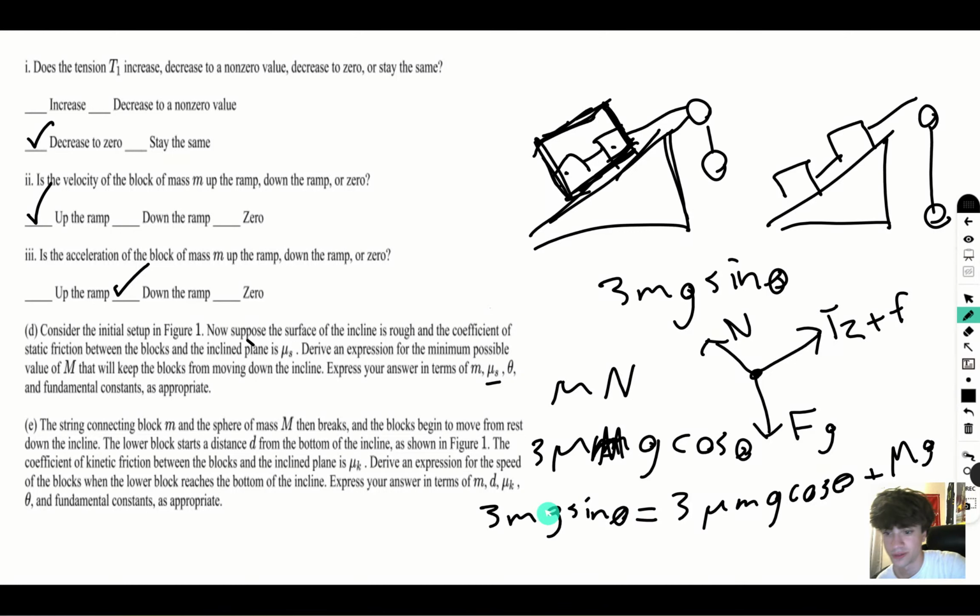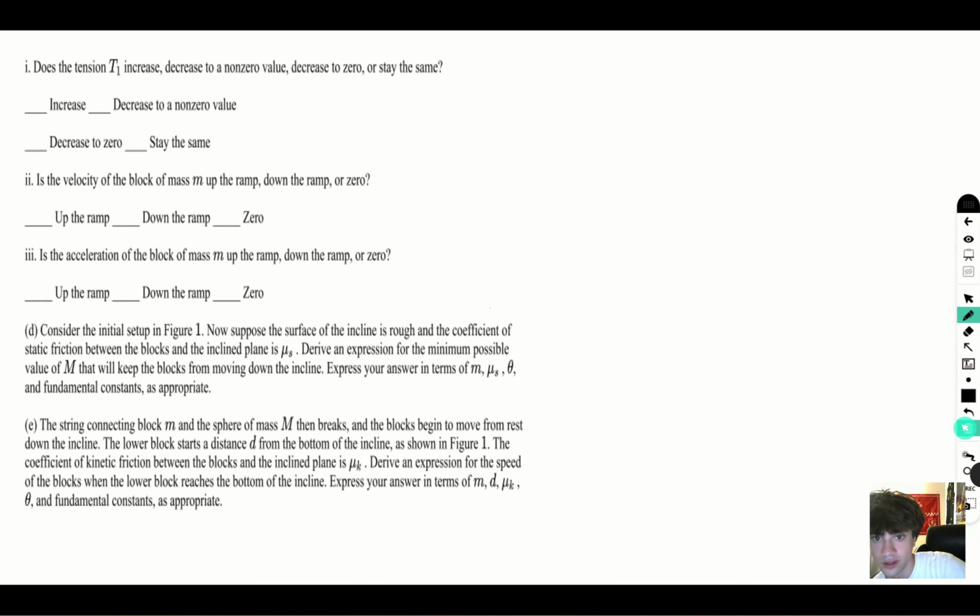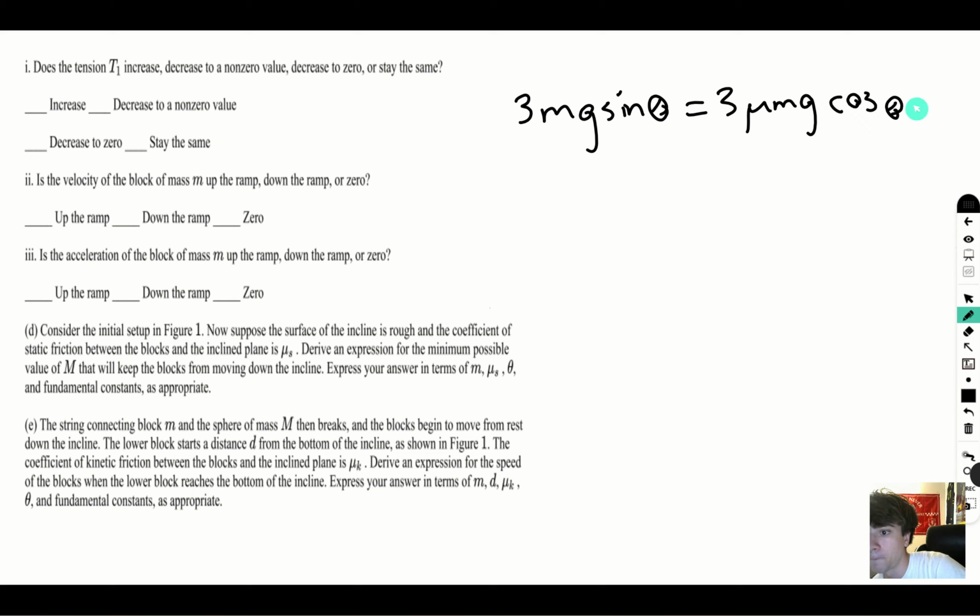Alright guys, make sure to get this equation down because I'm going to erase this really quick so we have more space. Let me rewrite it at the top. 3 mg sine theta is equal to 3 mu mg cos theta plus big mg.